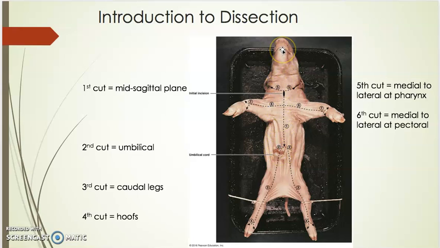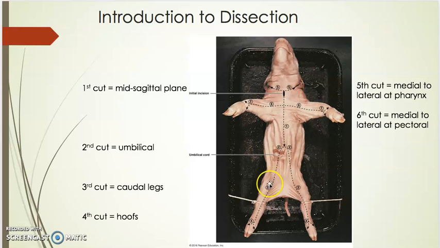The sagittal cut generally goes from the head down. In this case, the mid-sagittal plane cut is going from the head down, just not through the skull down. And then the second cut is around the umbilicus. Okay, there's the number 2 cut around the umbilicus.